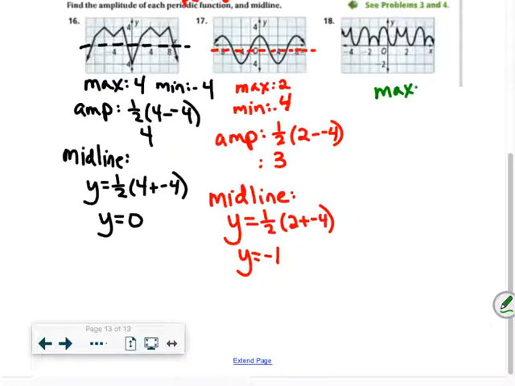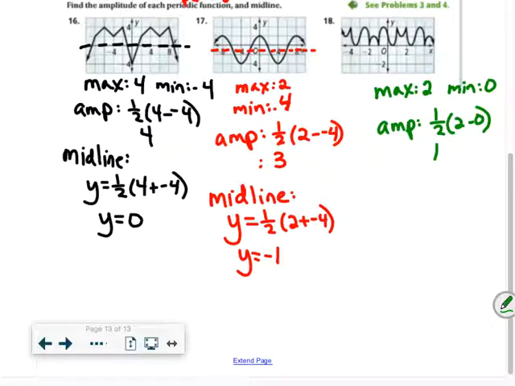All right, last one. Number 18, the maximum. Let's check the tick marks. Uh-oh, this one, the tick marks are going by 1s. So the maximum is 2. The minimum is 0. Okay, check those tick marks carefully. So the amplitude is half the difference between the maximum and the minimum. Half of 2 is 1.